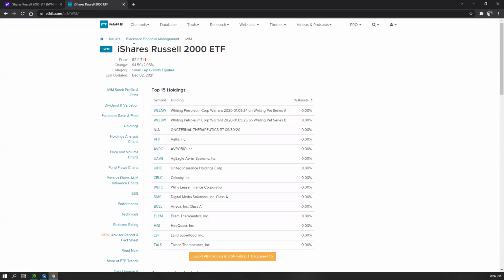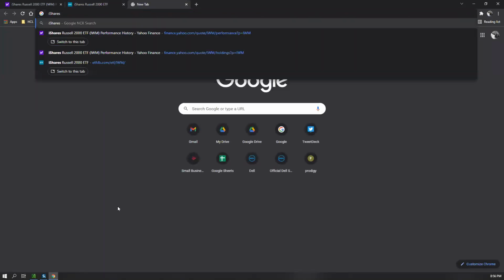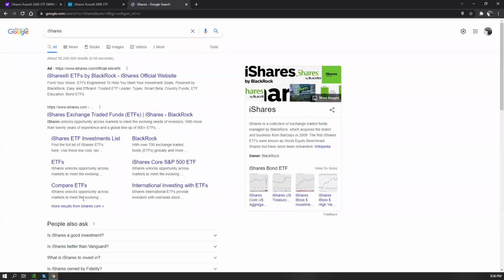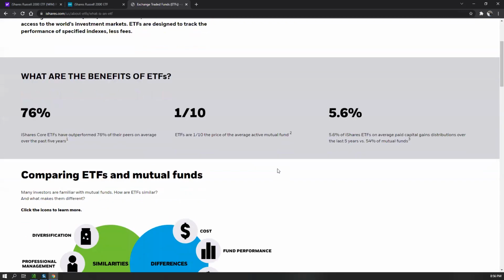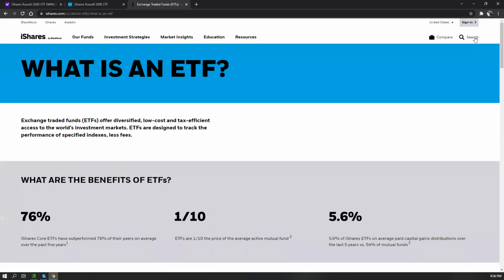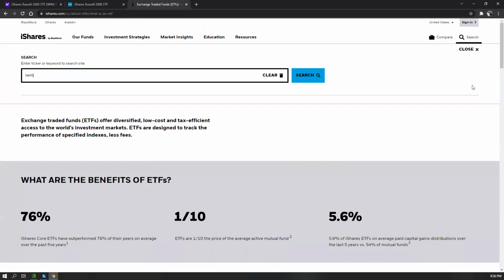Otherwise, if you want to go to IWM, iShares is the owner, right? So that's the company. You can go to the iShares website and explore that ETF there. And then they should have the performance tracking of the individual holdings there.